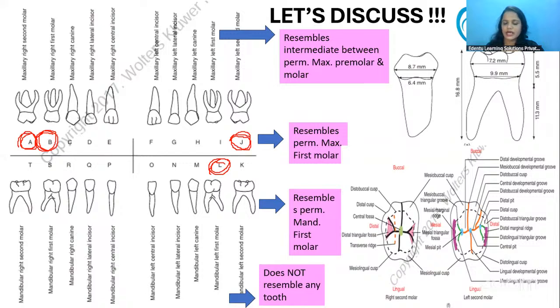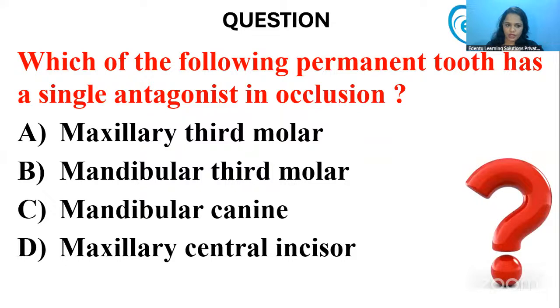Then four cusps will be there, and sometimes a very rudimentary distal cusp may be present. The usual distobuccal cusp, mesiobuccal cusp, mesiolingual cusp and distolingual cusp will be present. Sometimes just a tubercle-like distal cusp may or may not be present. So that is the morphology of this mandibular left first molar.